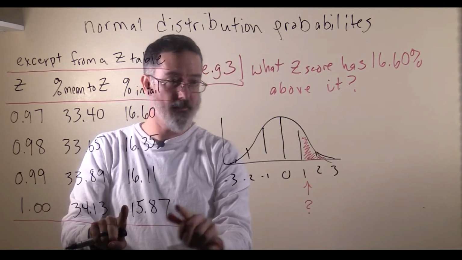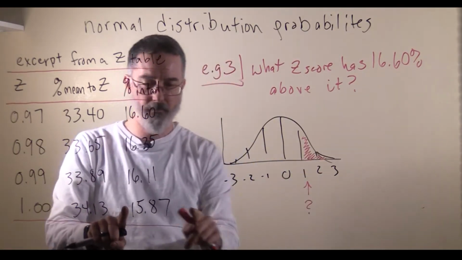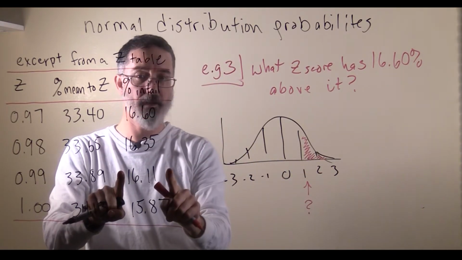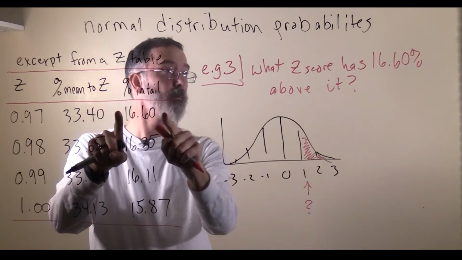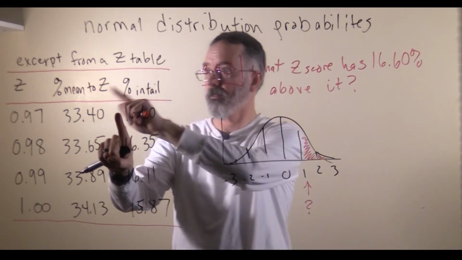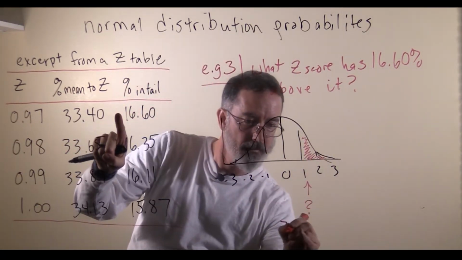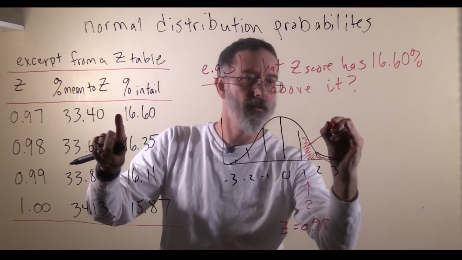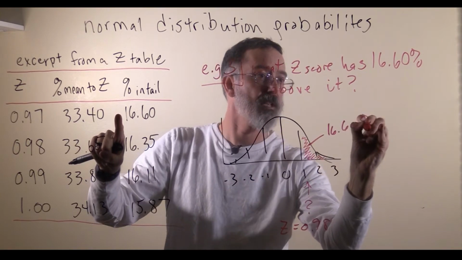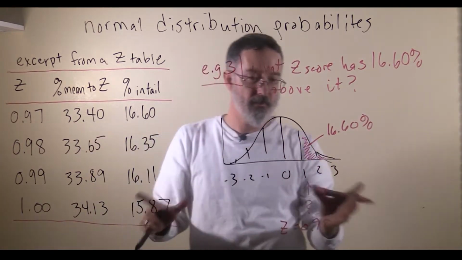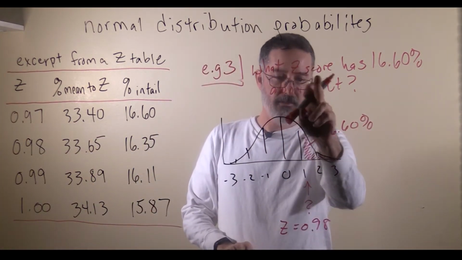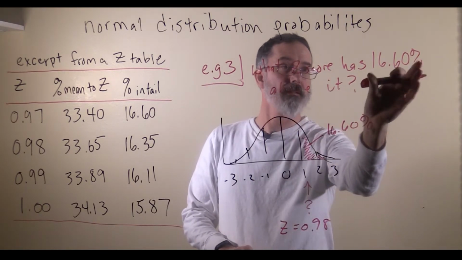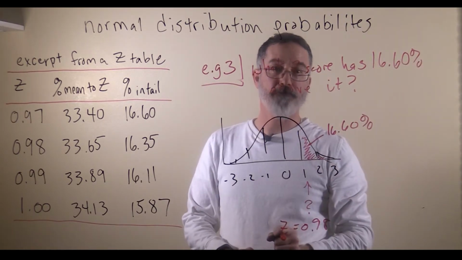So this percent in the tail, the percent beyond, isn't big enough. This one's not big enough. This one's not big enough. Here we go. So a z-score of 0.98 has 16.60% above it. So that answers the question.